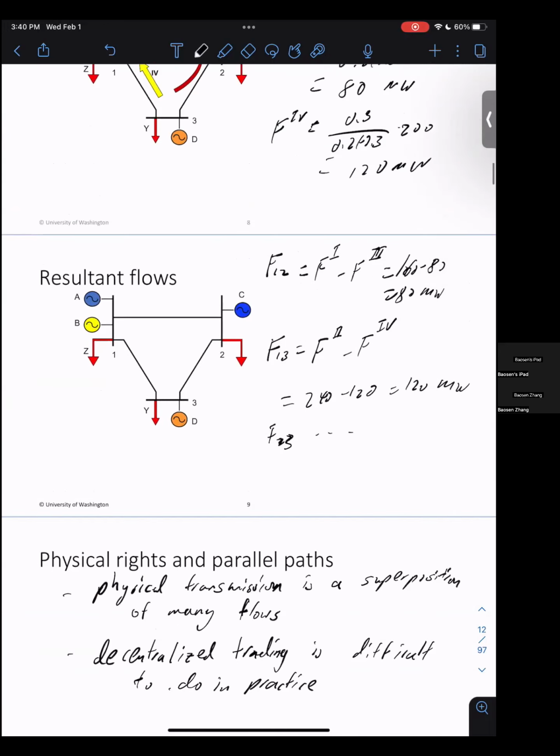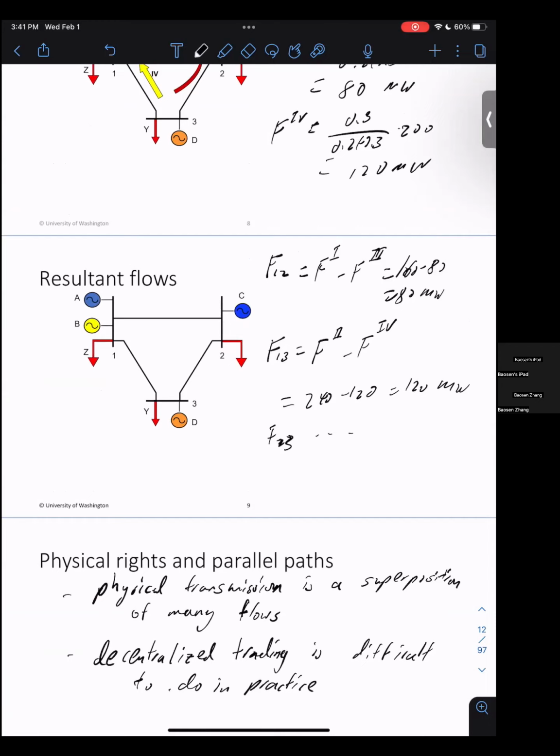So again, in this example, if the only two people in agreement are B and Y, that's actually not possible, because there's too much power along this line. However, if there's also an agreement going from D to Z, suddenly both agreements are possible.